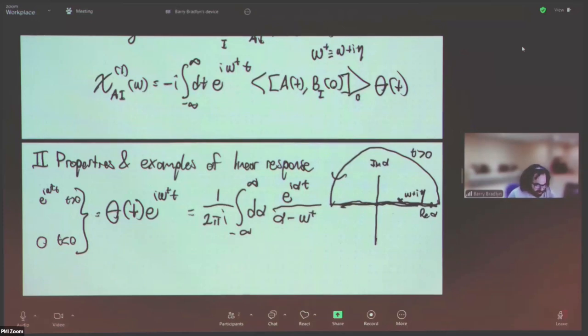I enclose this pole at alpha equals omega plus I eta, and the residue theorem tells me that this integral gives me e to the I omega plus times t. If t is negative, then I can't use this contour anymore because the exponential blows up, but I can close the contour down here if t is less than 0. And there's no poles there, so this integral just gives me 0.